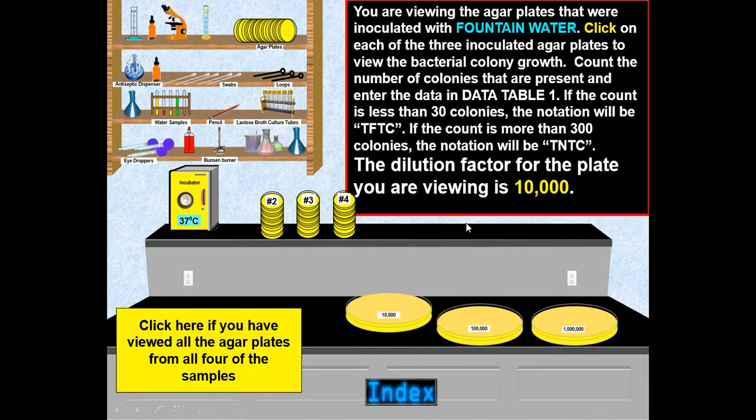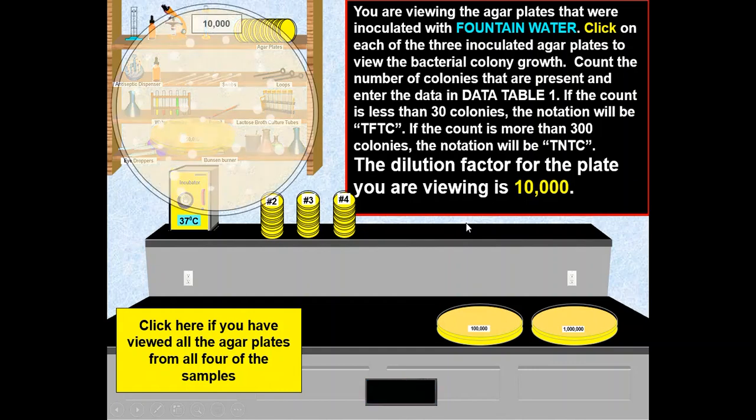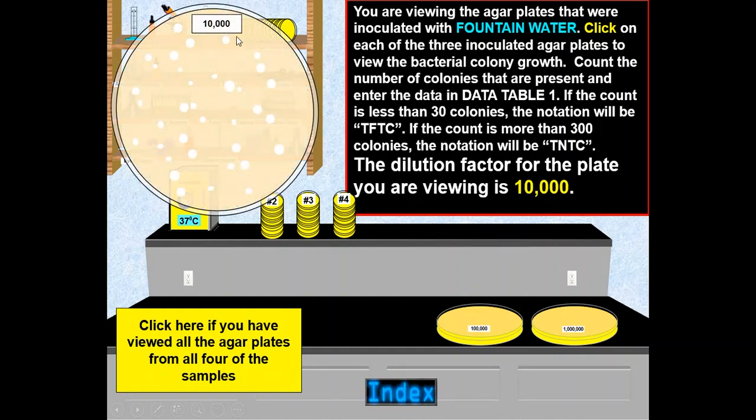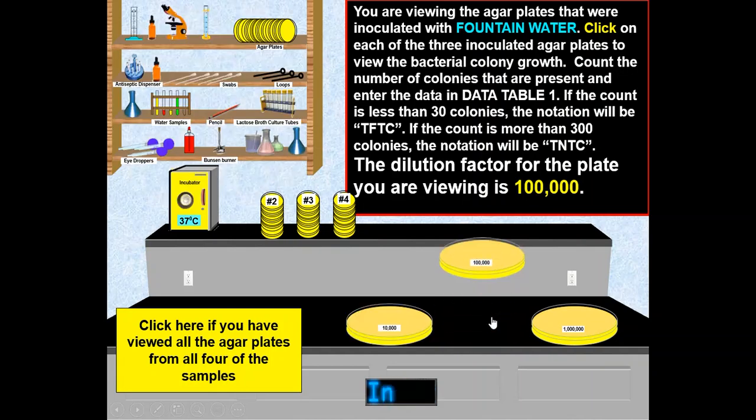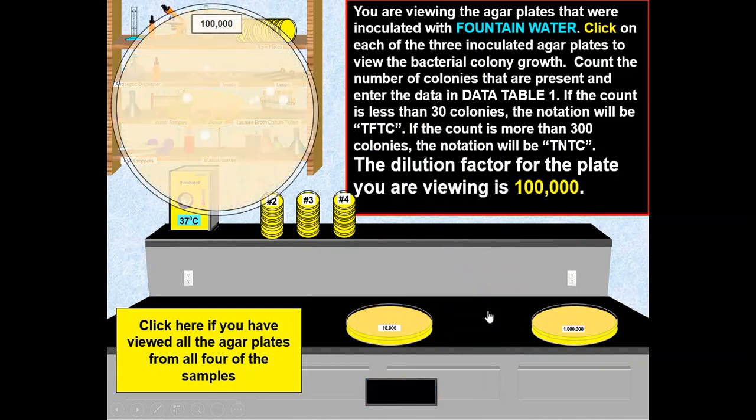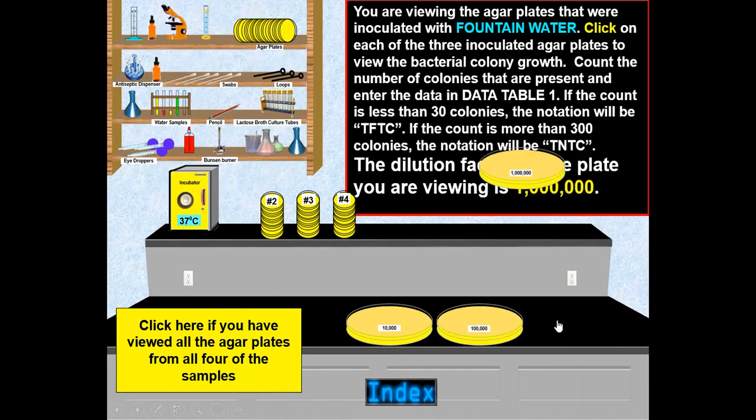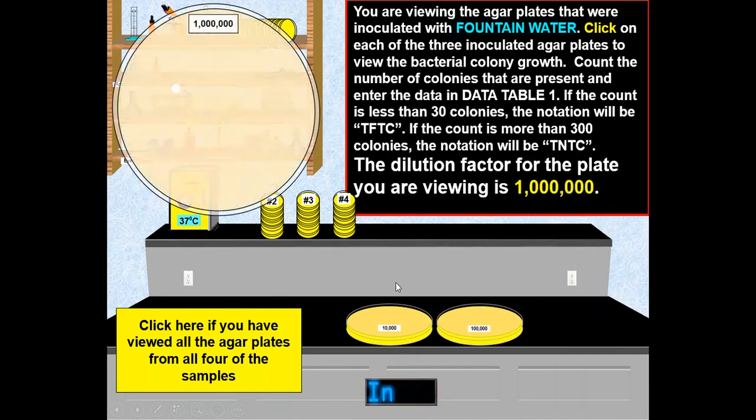Okay, this one is 10,000. So you see that there is a number of bacteria. Okay, for the 100,000. Alright, this one. And this is 1 million. The number of bacteria decreased.